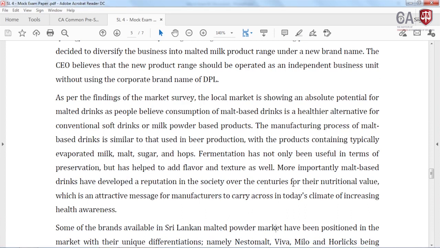So, these are some of the relevant information. As per the finding of the market survey, the local market is showing an absolute potential for malted drink, as people believe consumption of malted based drink is a healthier alternative for the conventional soft drink or milk powder based products.